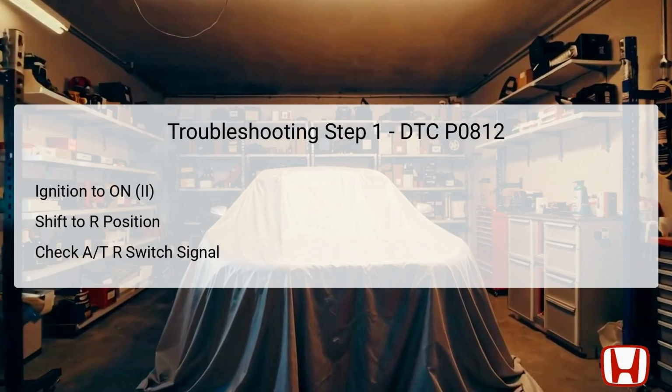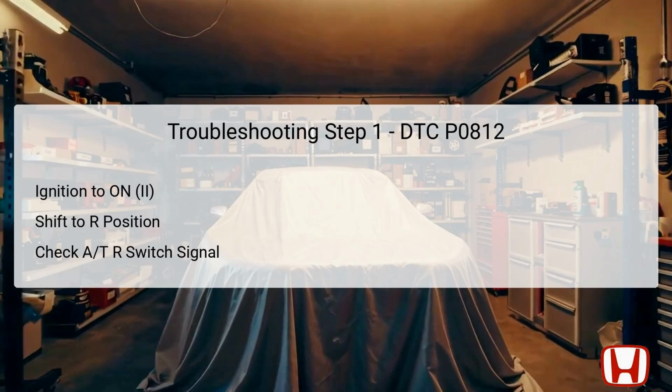If the HDS indicates that the ATR switch is on, this means the signal is functioning correctly. On the contrary, if the signal is off, it indicates a problem, necessitating further investigation into subsequent troubleshooting steps. This step is crucial as it determines the immediate state of the ATR switch and sets the tone for the next actions.